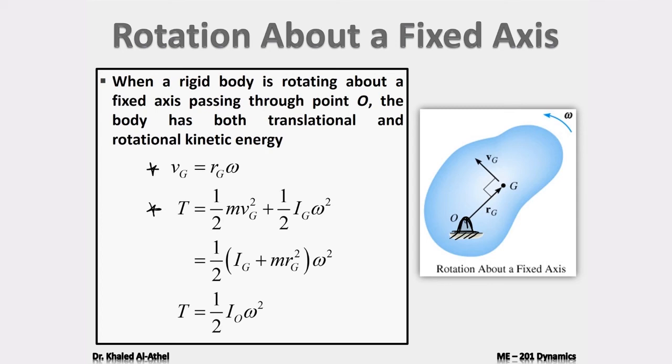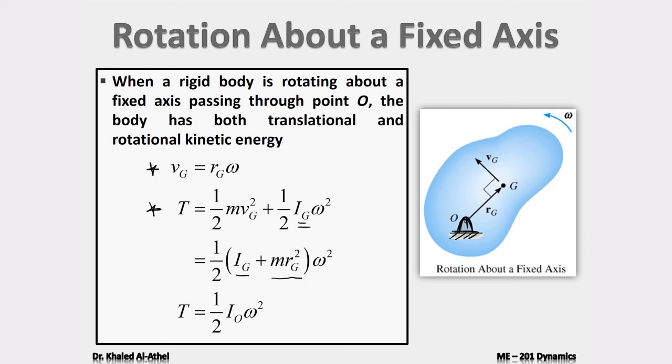Now, when I solve problems, I want to minimize the number of unknowns. In this case, I have vG that could be unknown, and omega that could be unknown. So instead of writing them as two unknowns, I already know a relation between them, so I will rewrite the velocity in terms of the angular velocity. And I end up with half, taking omega squared as a common factor, IG plus m rG squared.